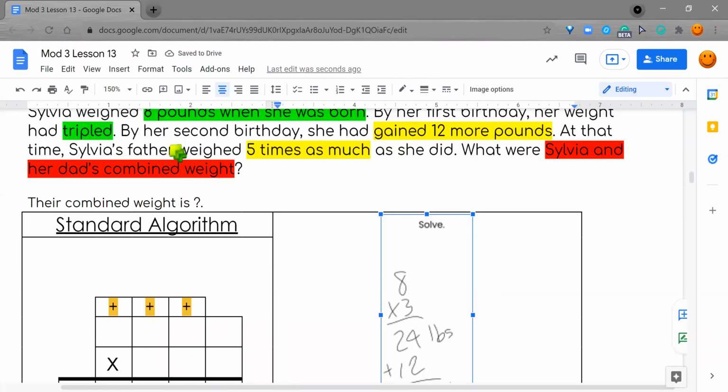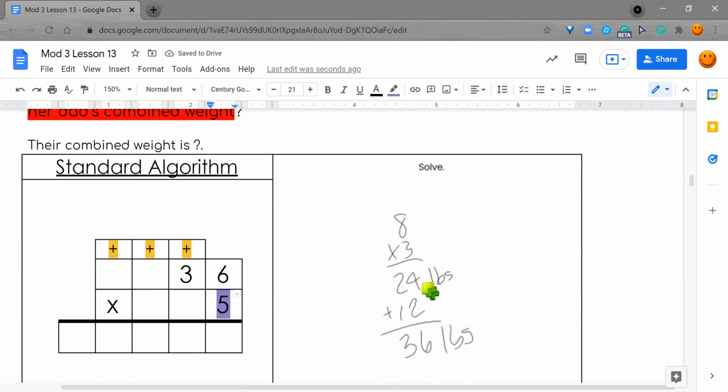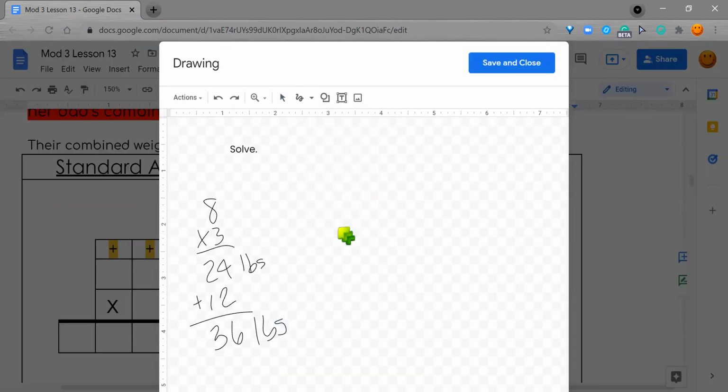At that time, Sylvia's father weighed 5 times as much as she did. So I'm going to take her 36 and write it in my multiplication table I gave you and multiply it by 5. Now, if you didn't want to do that, you could always go into our scribble and do 36 times 5. Either way works.